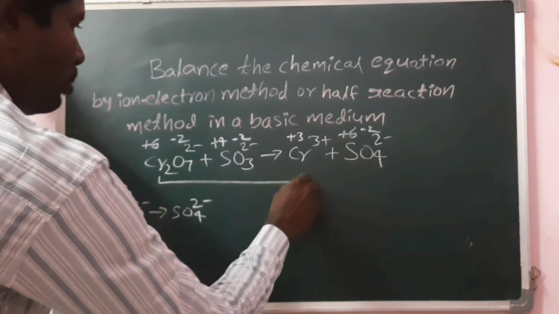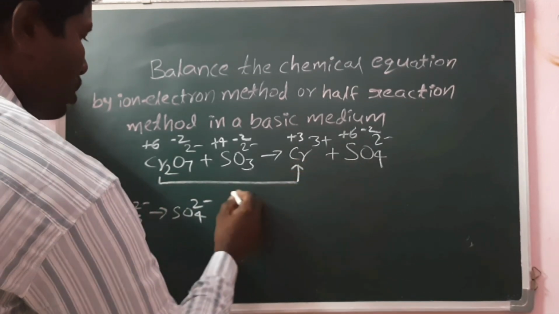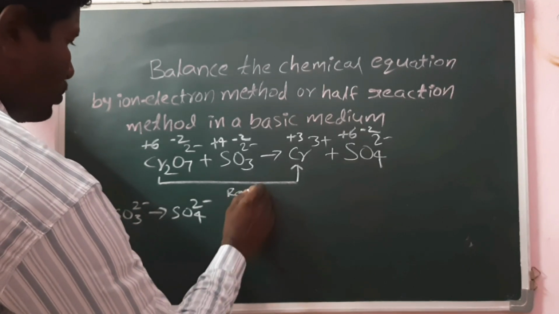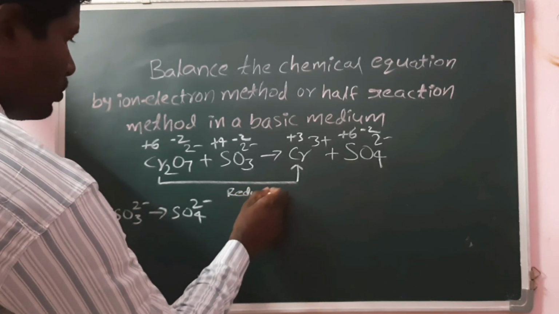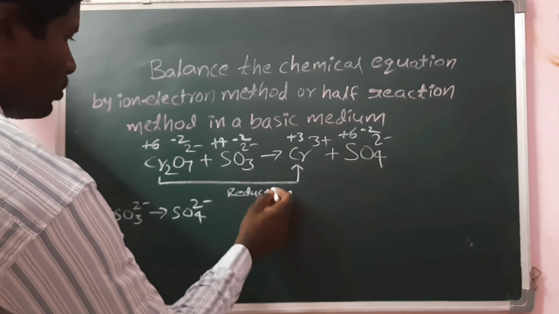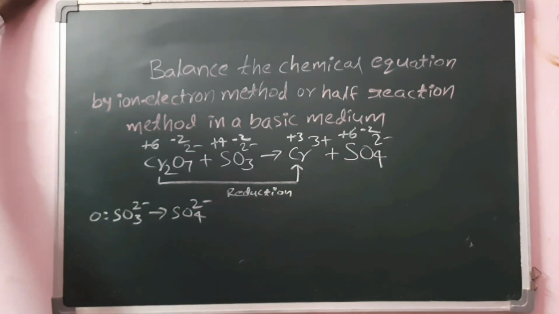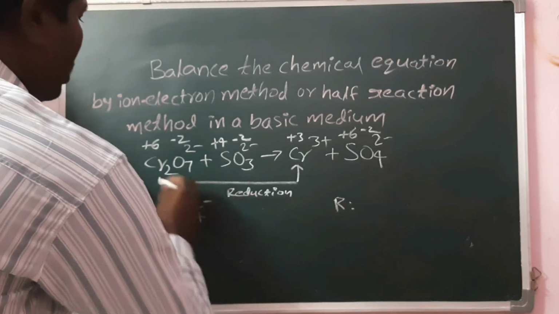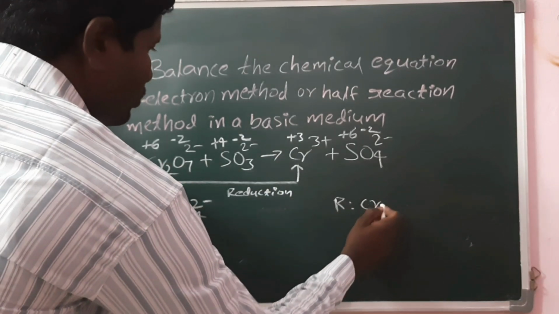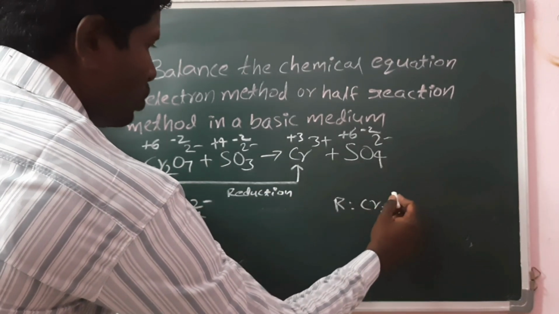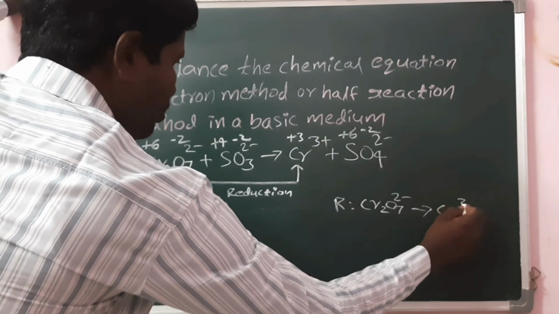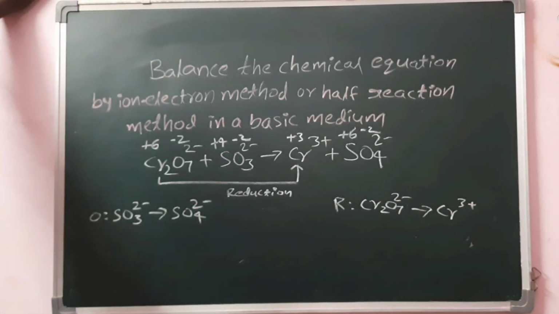So chromium is being reduced. So reduction. So we can write the reduction half reaction. Cr2O7 2- gives us Cr3+.